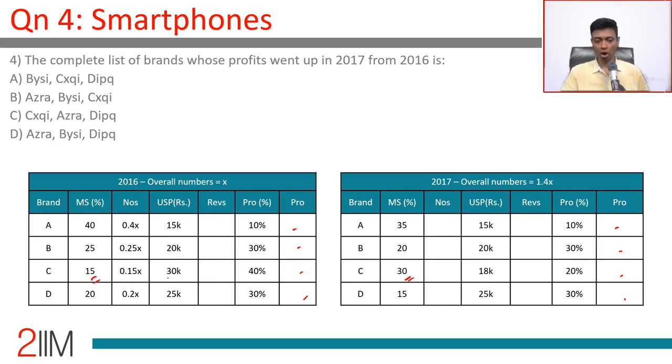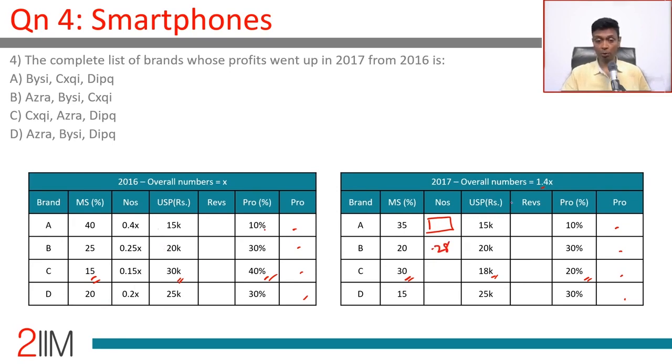This USP falls, profitability halves. And so here the price is same, profitability is same. This is boosted by 40%. 0.35 times 40, the number is going to be greater than 0.4. 20 times 1.4 is 0.28, this is greater.